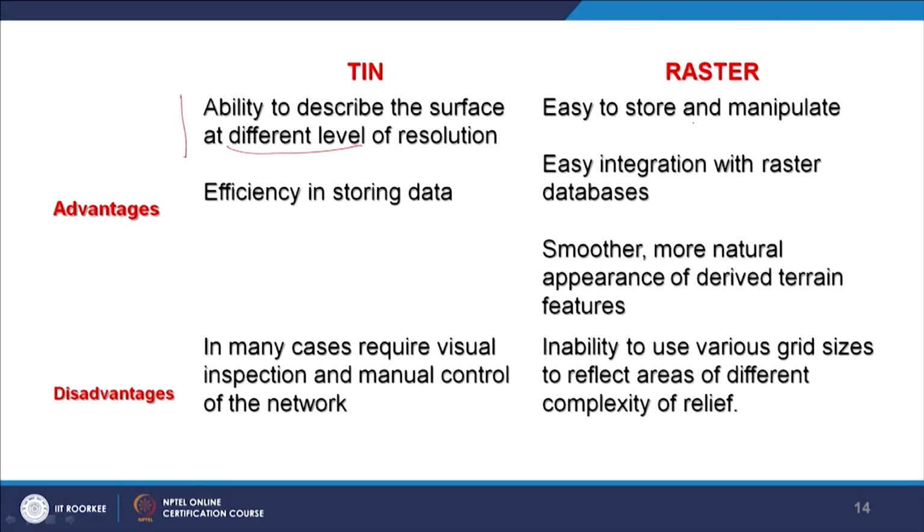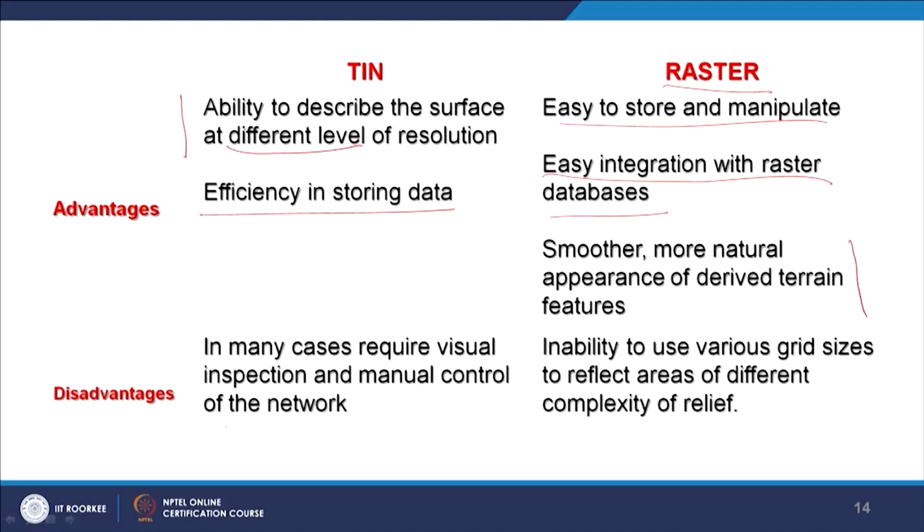But in raster, the resolution is fixed. Raster is easy to store, easy to integrate with raster databases like satellite data or other data, and gives a smoother, more natural appearance of derived features, whereas TIN is very efficient because hardly any redundancy is there.